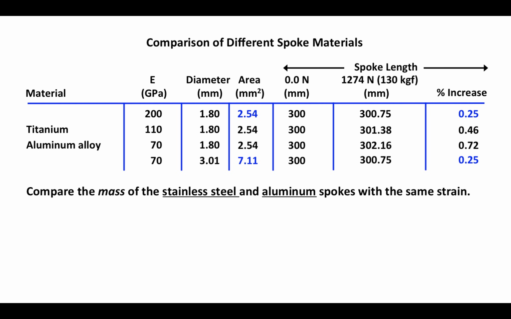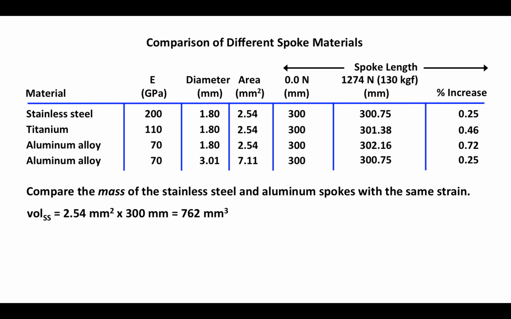Now, for both spokes, their respective volumes are going to be gotten by multiplying the cross-sectional area by the length, which is the same length in both cases. So let's walk through this calculation here. We start with the volume calculated as 762 cubic millimeters, which is 0.762 cubic centimeters.